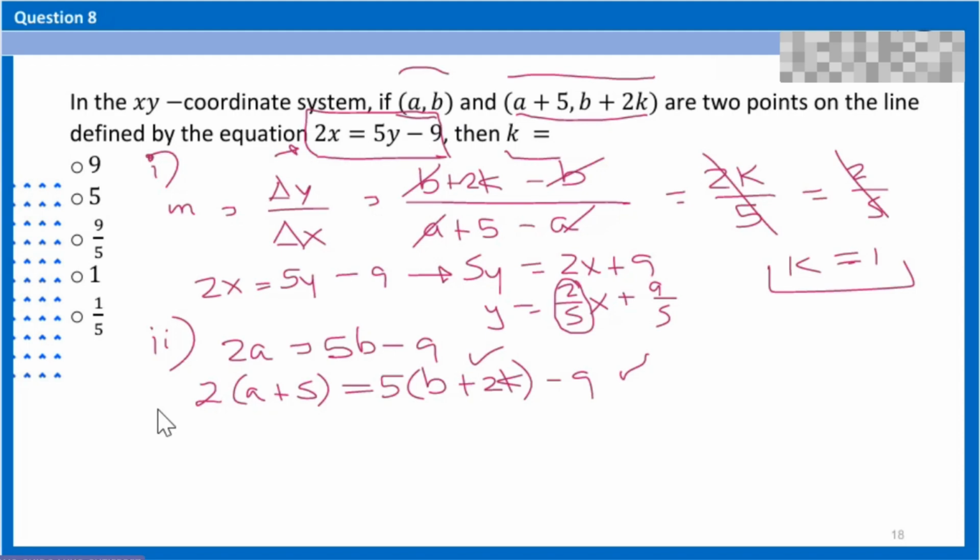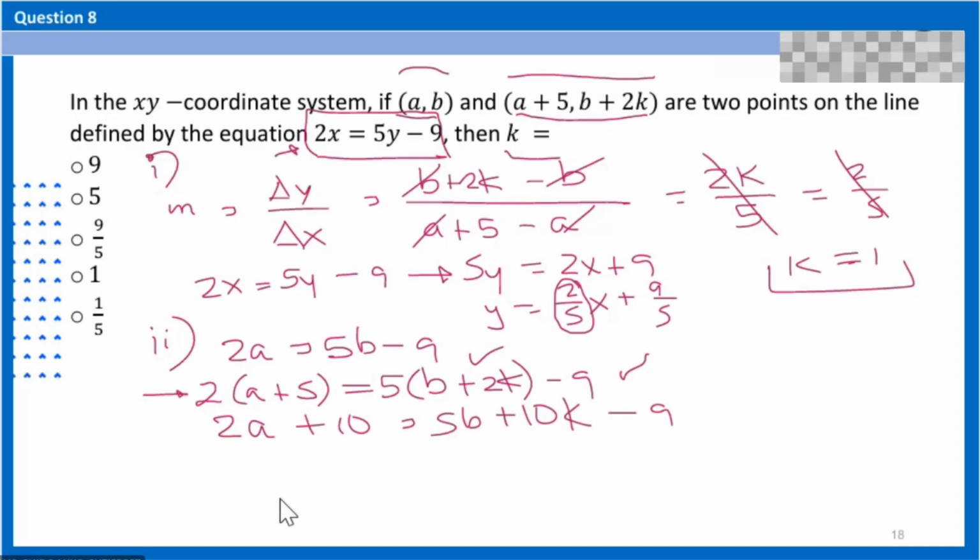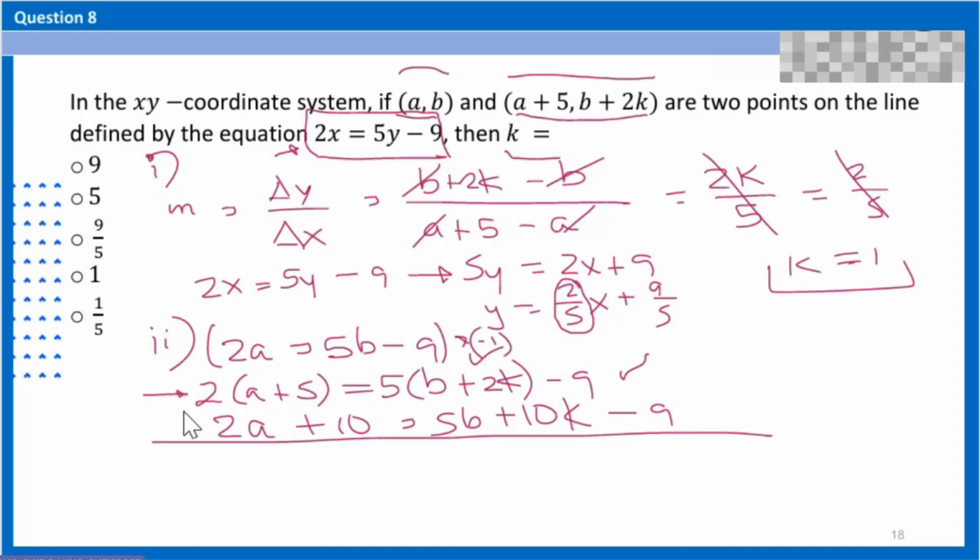So what happens if we modify this a little bit? Expanding the parentheses, you have 2a plus 10. You have here 5b plus 10k less 9. Do you notice something? What if we subtract equation 1, this equality, multiplied by negative 1 and add with the equality here?